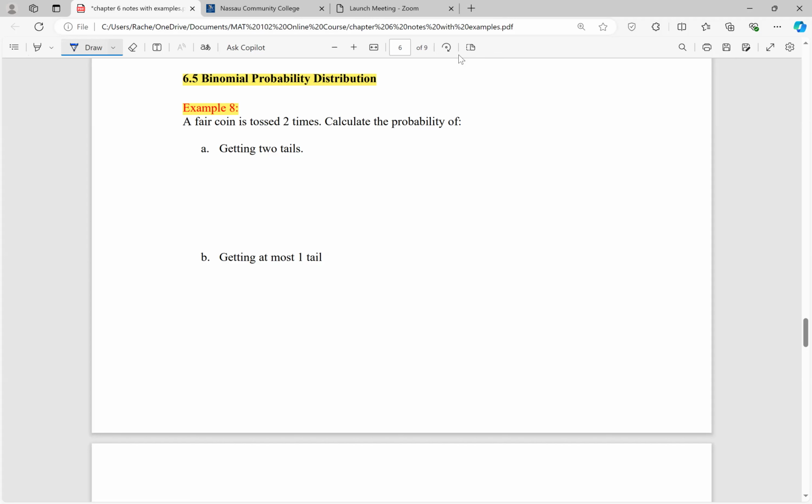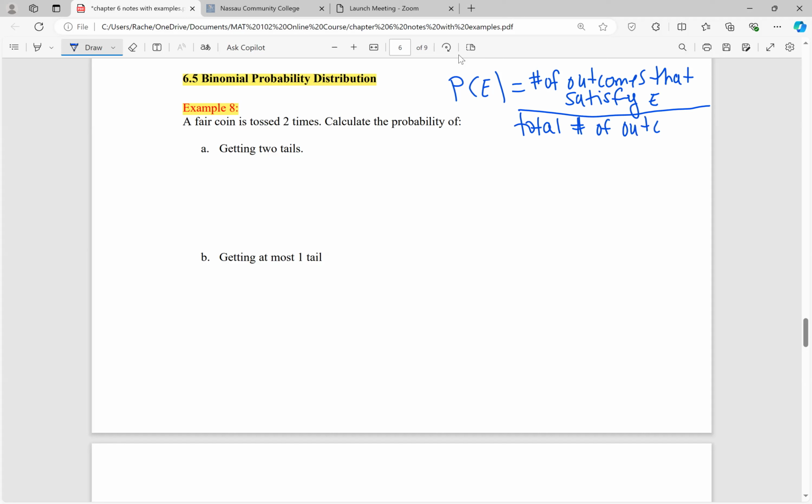Just a quick reminder, the probability of an event E is equal to the number of outcomes that satisfy E divided by the total number of outcomes. And we practiced this in the chapter 5 lesson.